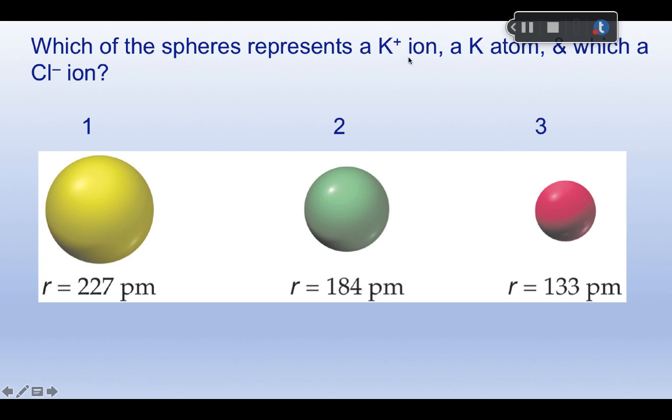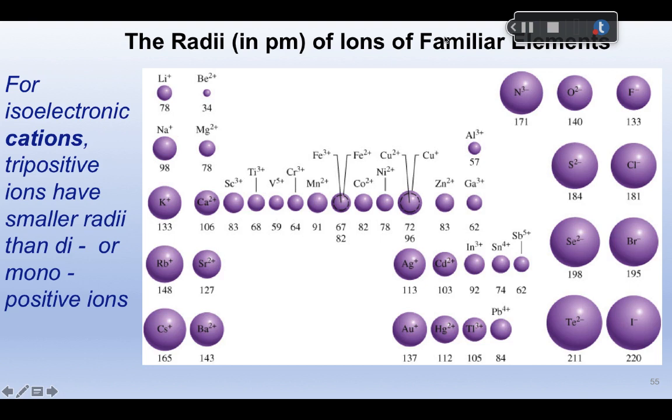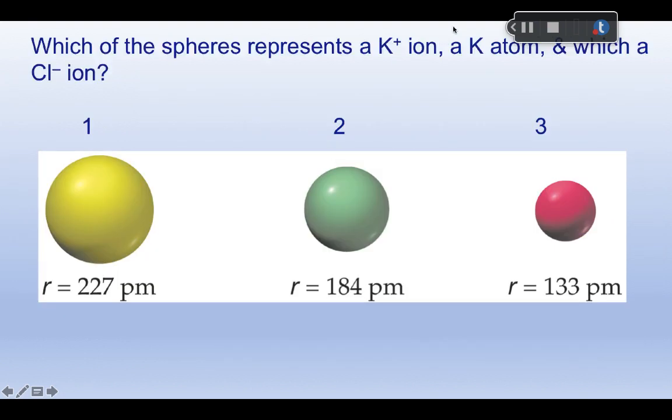And so if you have to decide between the potassium ion and the potassium atom, the atom will be larger than the ion, and the chloride ion should be an even larger ion yet.